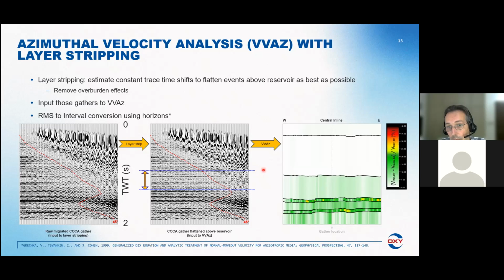If you do that velocity analysis with azimuth, I'm showing you here the central inline for the center of the model again. The gather location is right here. And this is our first shale reservoir zone, the chalk, and the second zone. The property I'm showing here is the normalized velocity difference, which is basically velocity anisotropy intensity.